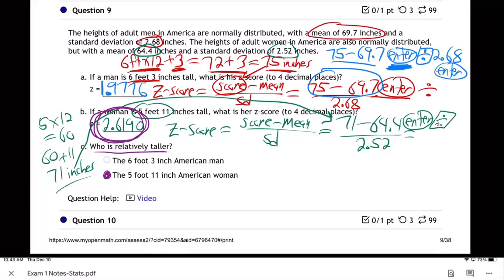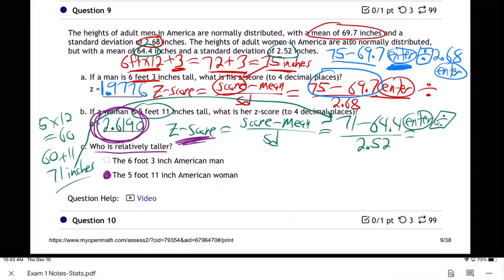Does that make sense? Even though the man is clearly taller than the woman, he's 6'3", men in general are taller. So in other words, we're asking, who's a bigger standout? It's the woman. That's what a Z-score does. Do you understand what a Z-score is actually doing?